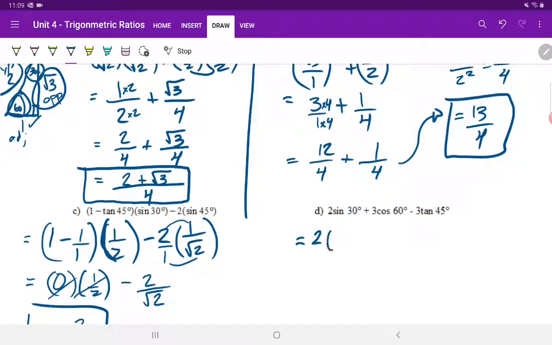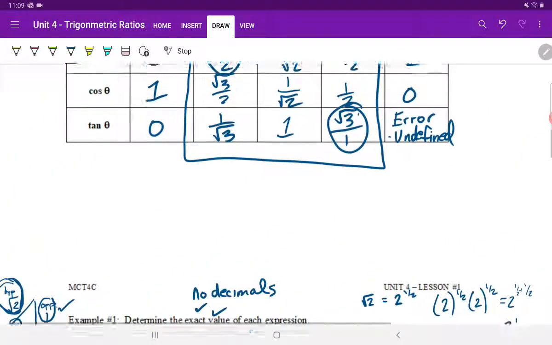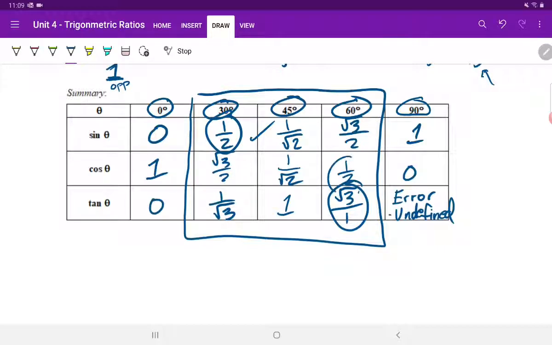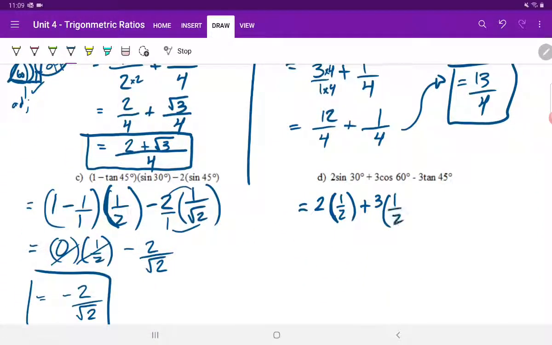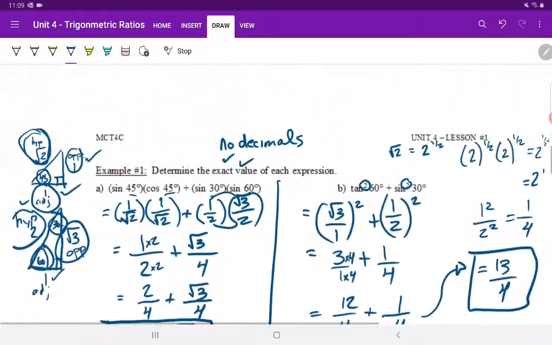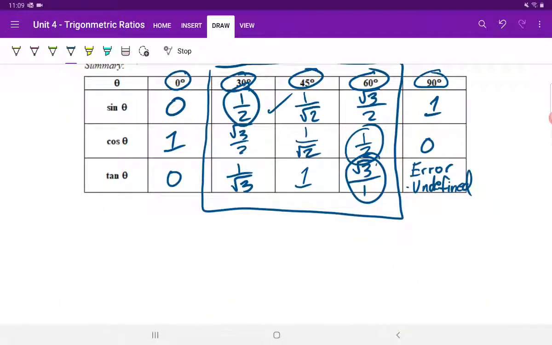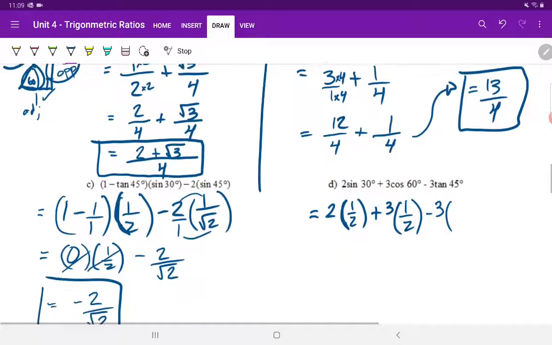So 2 times a half, plus 3 times cos of 60, also a half, minus 3 times tan 45. Tan 45 is easy, it's just equal to 1, or 1 over 1, but we can just write 1.